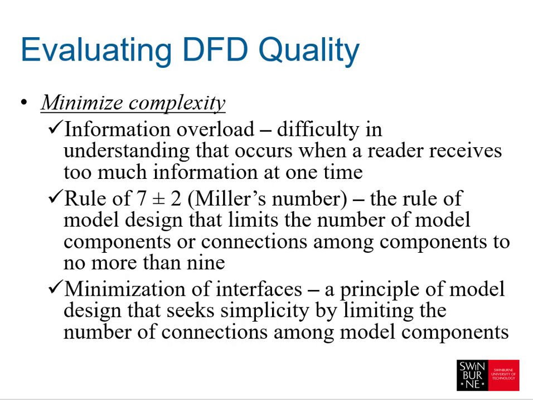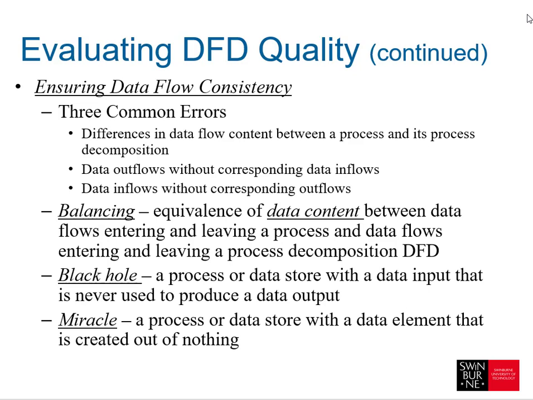Okay, so that is what we need to understand about how to avoid this. Now let's go through ensuring data flow consistency. Business analysts can often detect errors and omissions in a set of data flow diagrams by looking for specific types of inconsistencies, right?